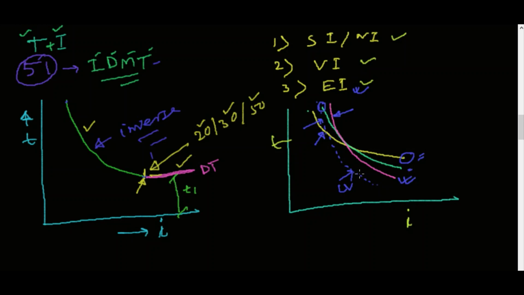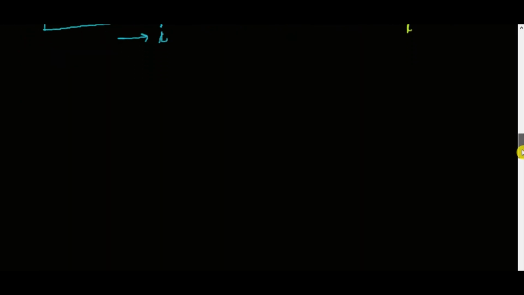Let's give one example, and it will be clear. Suppose for a motor, let's draw one curve again. Suppose the motor characteristic curve is like this.